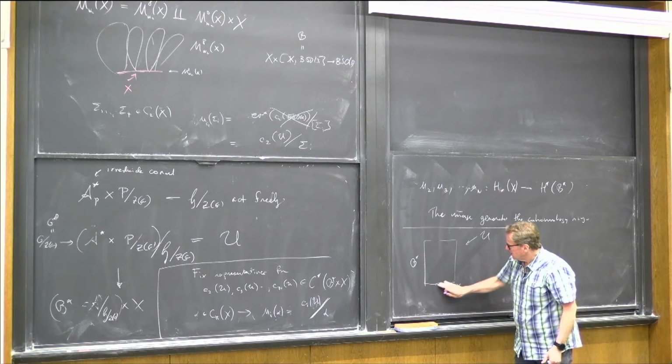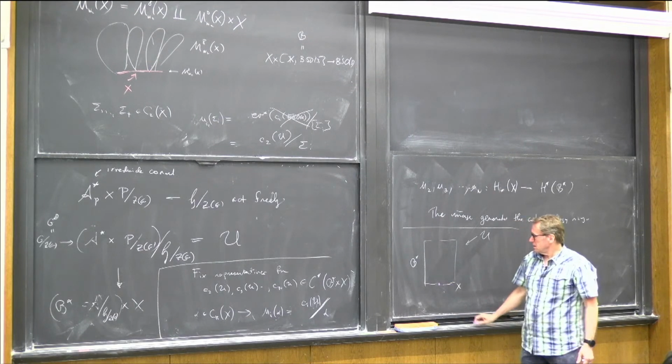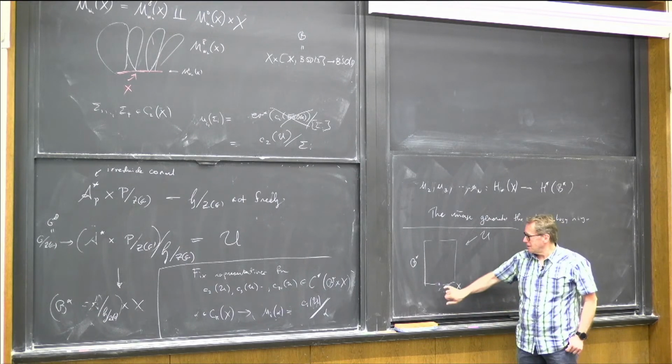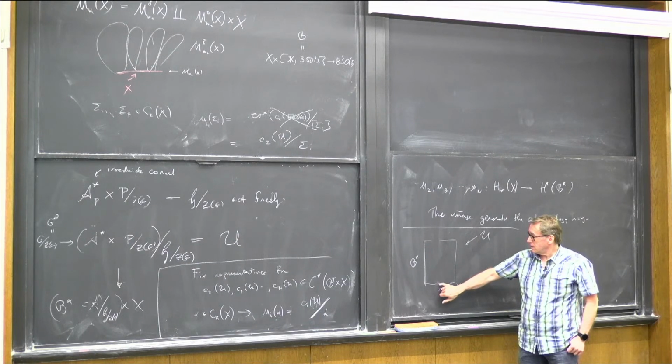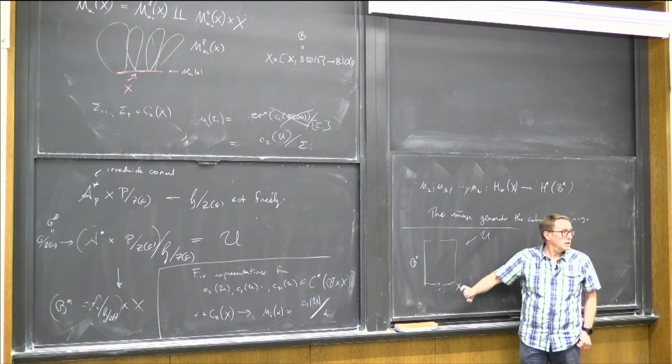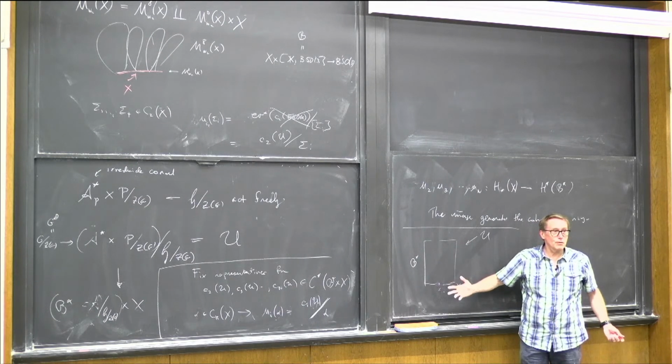Suppose I just took a point, an element of H naught. And I want to do the slant product. What does that give me?